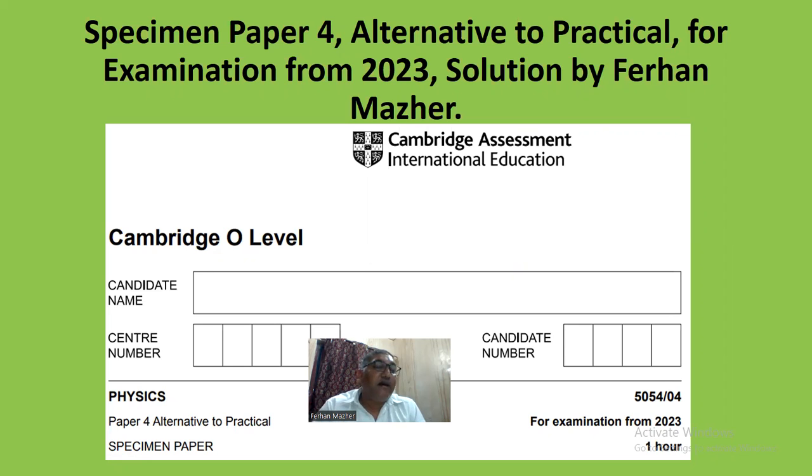In this video, I have presented the solution of this paper. I have tried my best to write the best answers possible. But I believe that my students can write a much better answer. You have one answer suggested by me. You also have the marking scheme, and you also have your own teachers. You can discuss with them and write better answers.